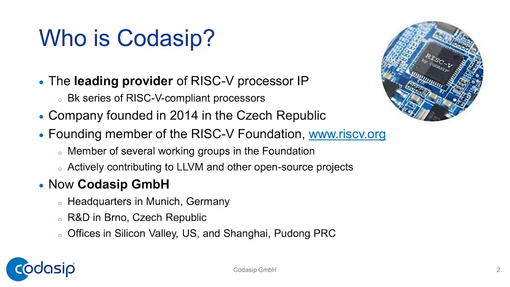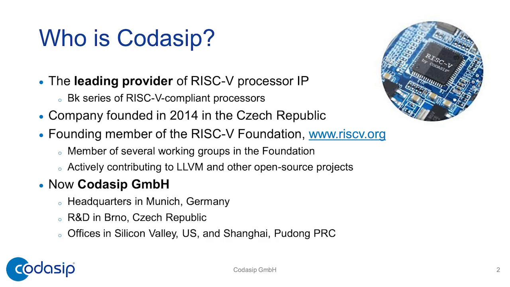The company itself was founded in 2014 in the Czech Republic. The headquarters is now in Munich, Germany. The R&D is based in the Czech Republic, and we have offices here in the US as well as in Shanghai, China. We are a founding member of the RISC-V Foundation. We are a member of several working groups within the foundation, such as compliance and others.